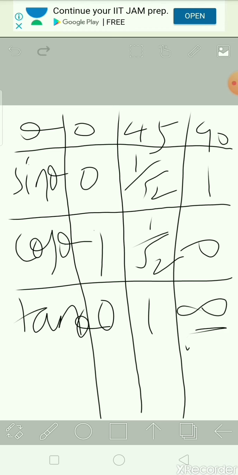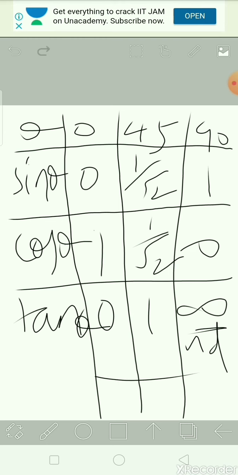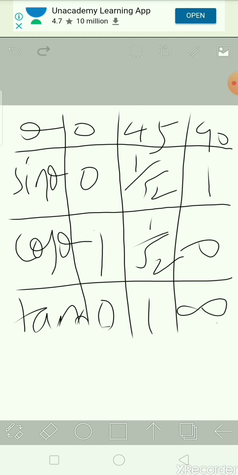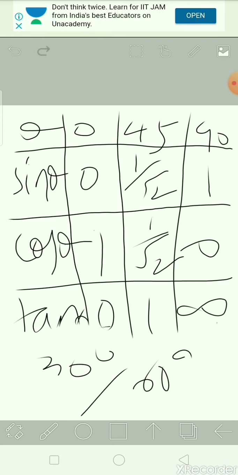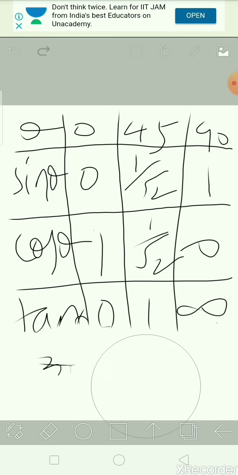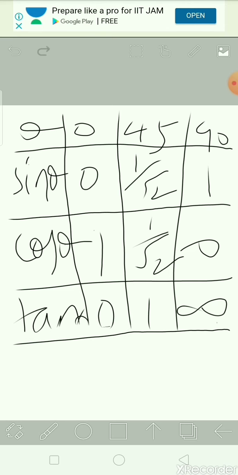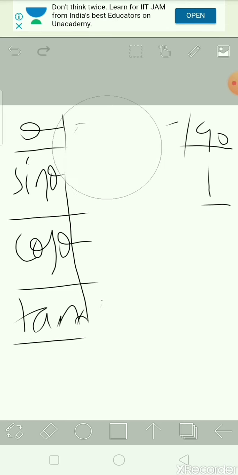Now at 30 degrees and 60 degrees, it's experimentally proven, and we can prove it easily. Sine 30 degrees equals cos 60 degrees, that is 1 by 2, and sine 60 degrees equals cos 30 degrees, that is root 3 by 2.